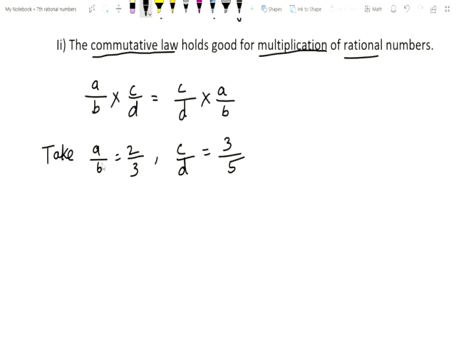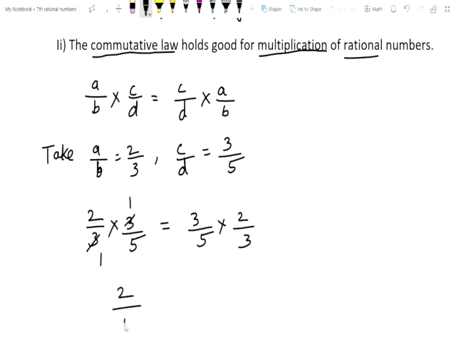So 2 by 3 into 3 by 5 equals 3 by 5 into 2 by 3. So now you cancel this. 3 ones are 3, 3 ones are 3. So 2 by 5 equals, here, 3 by 5 into 2 by 3, 3 ones are 3, 3 ones are 3. Okay. So now 1 into 2, 2, 2 by 5. So what are you getting, children?